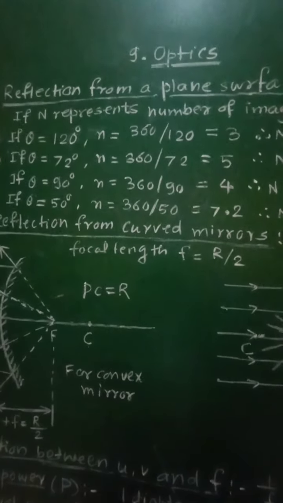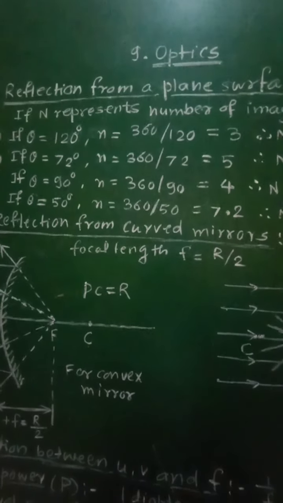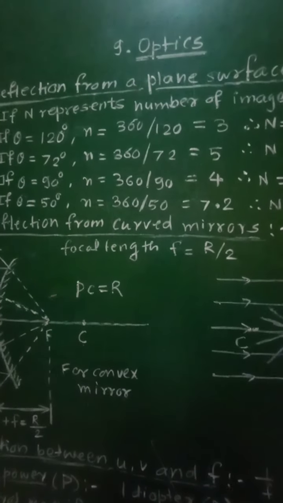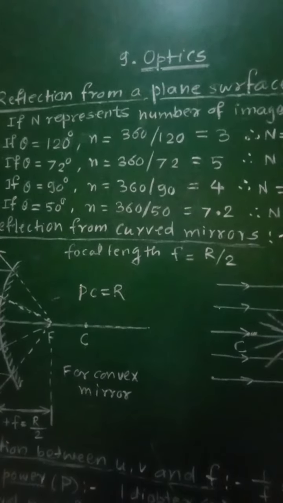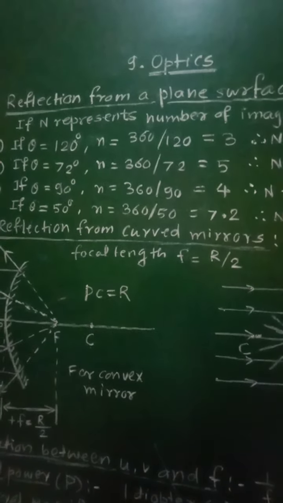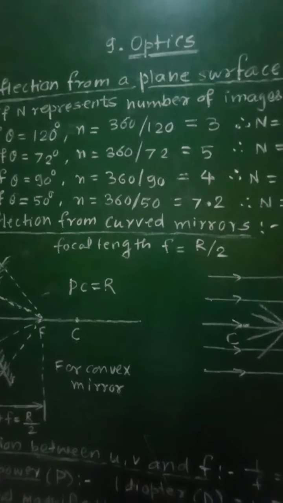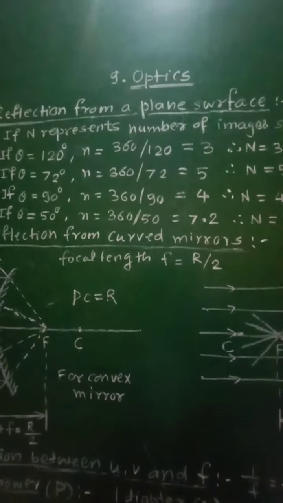If small n is not an integer, then n will be equal to m, where m is the integral part of that images formed. M will represent the integral part.